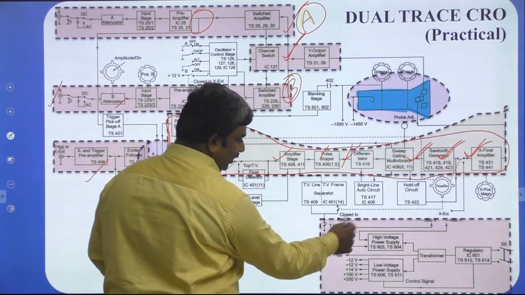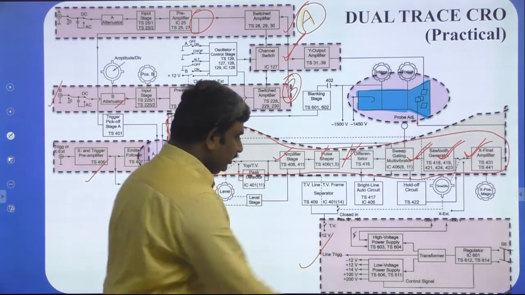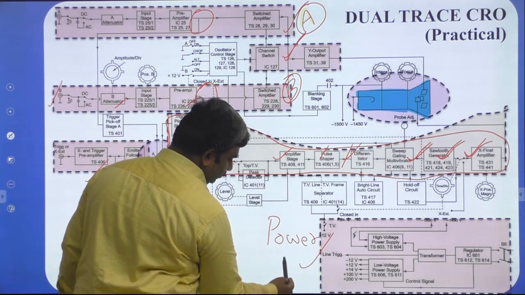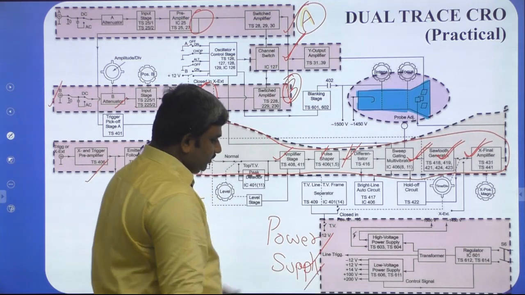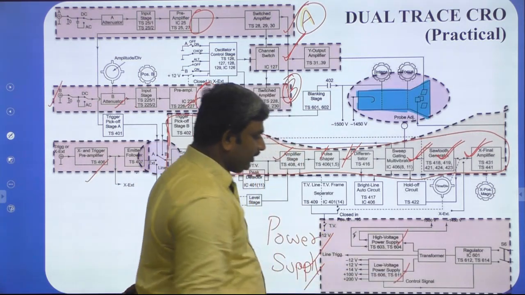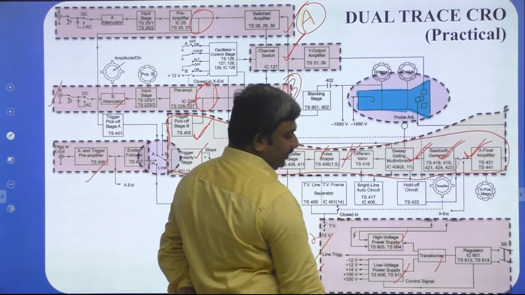And the final one, the high voltage supply. So here we have the power supply circuit. In this power supply circuit, we have a high voltage block and a low voltage block. These two blocks are connected from the transformer.